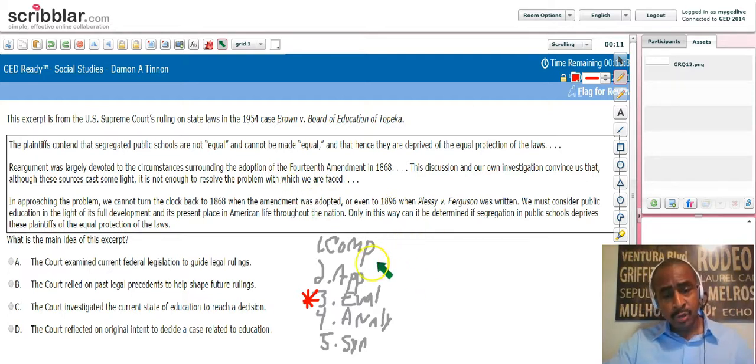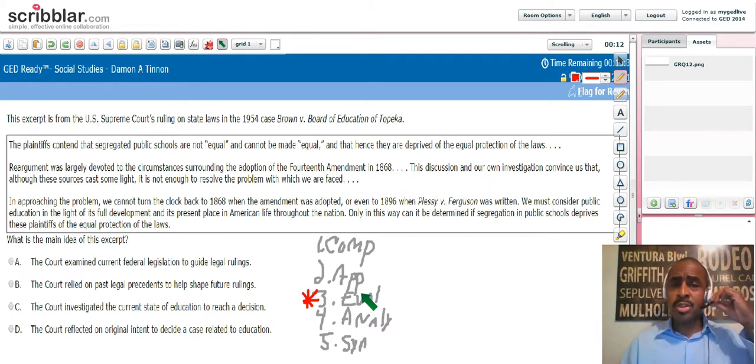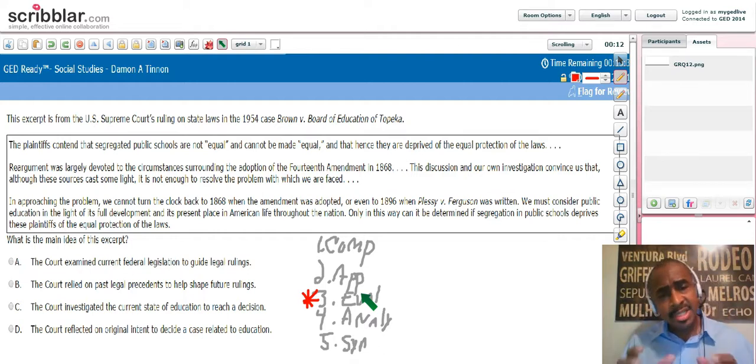So these are the 5 reading skills, and this is how I teach you how to break this test down. For those of you who are struggling with social studies or even science or even the RLA, reasoning through language arts, this is how I show you in my program how to break these parts down. So we know that we're dealing with evaluation, and we know evaluation is about what's the main idea, what's true, what's opinion, what's false, what's accurate, what evidences are backing things up.